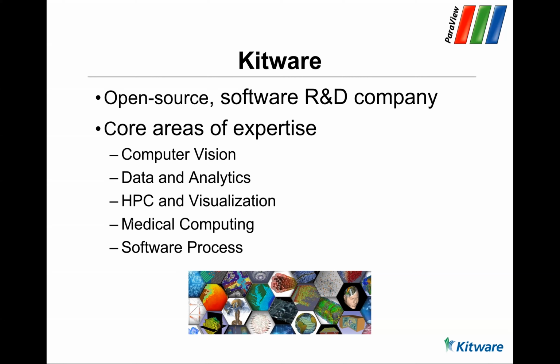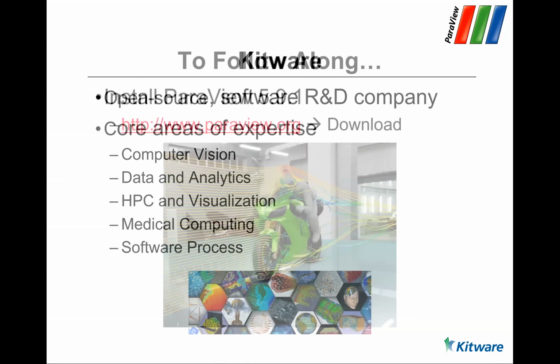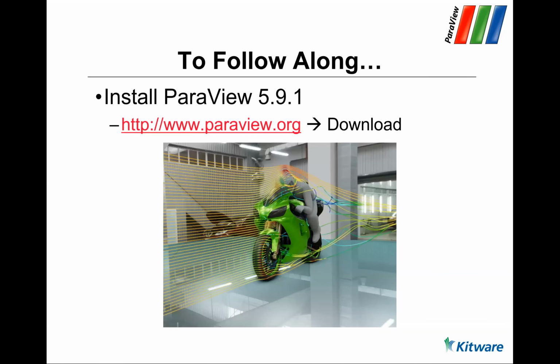So I'm in the HPC and visualization group, and this is the group that works on ParaView. We do collaborate between groups, but each group has its own sort of focus. So to follow along, I'm going to use ParaView 5.9.1. You can use a slightly older version as well.